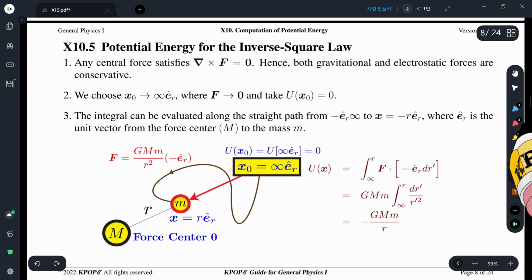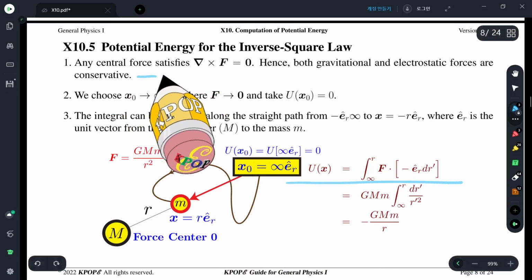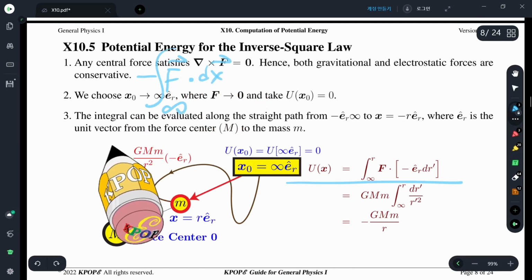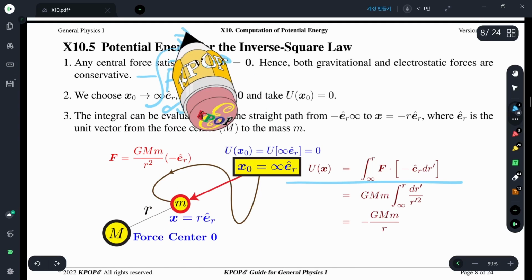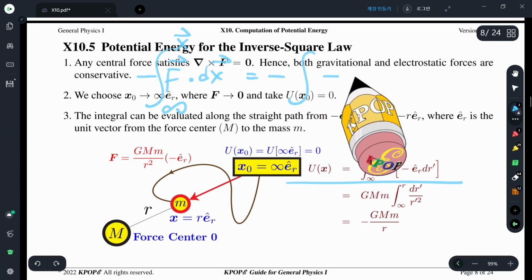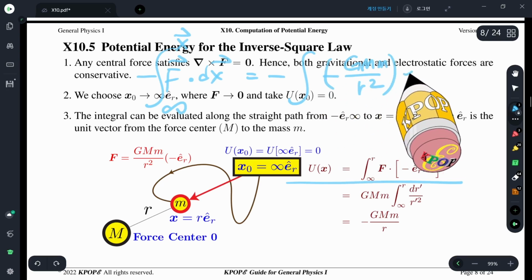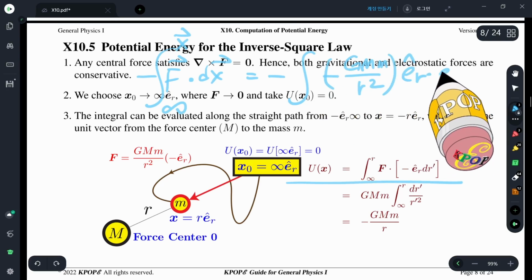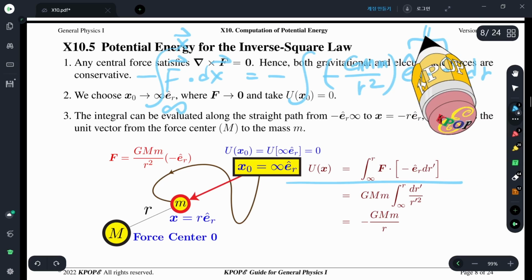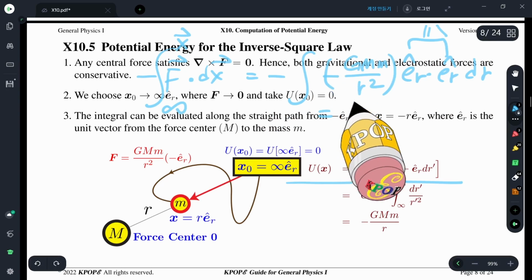So we compute this integral, minus the integral of F dot dx from infinity to r, where F is minus GMm over r squared e_r, and dx is dr e_r, so e_r dot e_r equals 1, and minus minus is a plus.